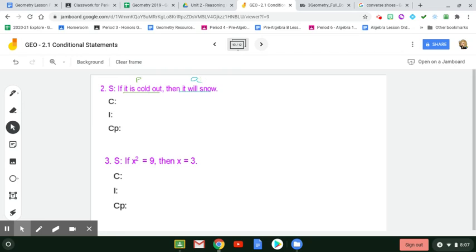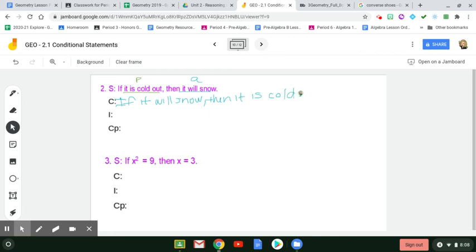Flip-flop this around. So instead of, if it is cold out, then it will snow, I'm going to say, if it will snow, then it is cold.